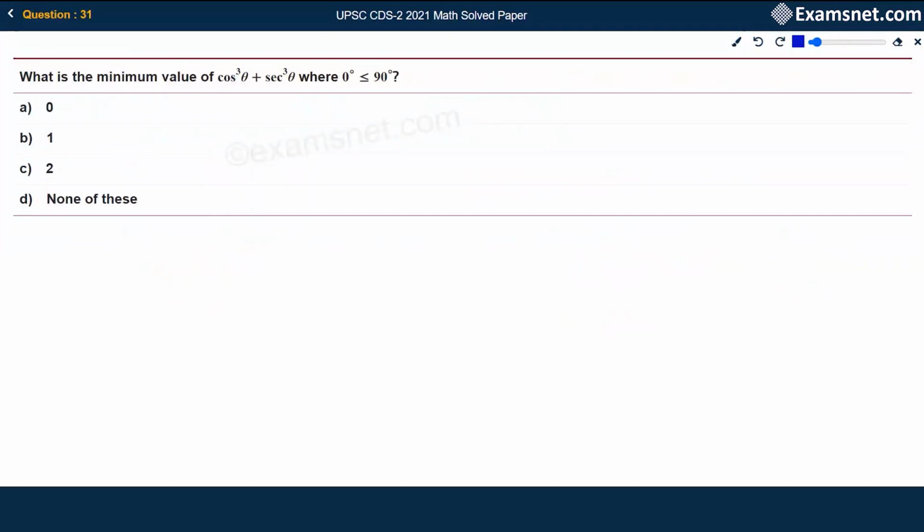In question number 31, it states: what is the minimum value of cos cube theta plus sec cube theta, where theta lies between 0 degree to 90 degree? We know 0 degree to 90 degree refers to the first quadrant. We know in the first quadrant all are positive.